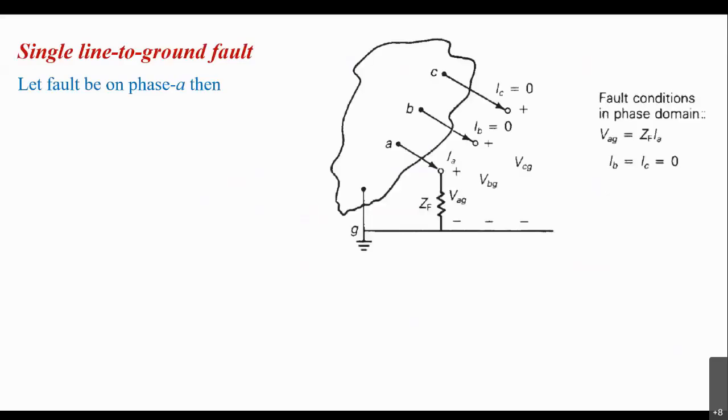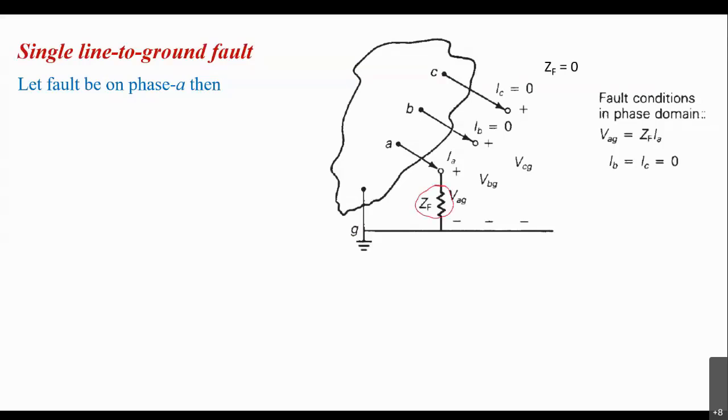Now we'll see the single line to ground fault, which is an unsymmetrical fault, and let the fault be on phase A. Then we can represent this fault symbolically, or through the figure. We can see here the fault is at phase A through an impedance ZF.